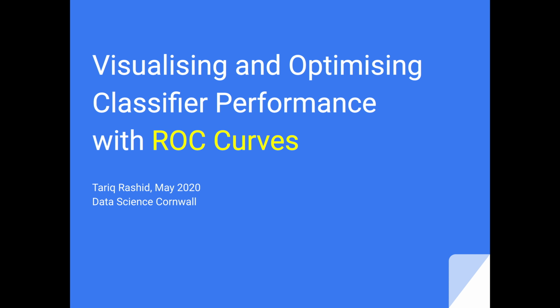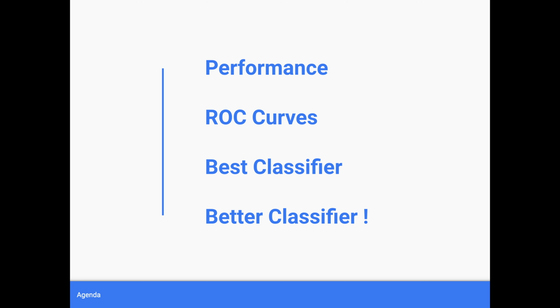But we'll start with just a quick review of the several ways of understanding performance, just to show that actually it's not quite as simple as a simple number. So here's the agenda for today. We're going to be looking at performance and ways of indicating it. We'll introduce this new idea of ROC curves and we'll see how we can use them to identify or optimize a classifier.